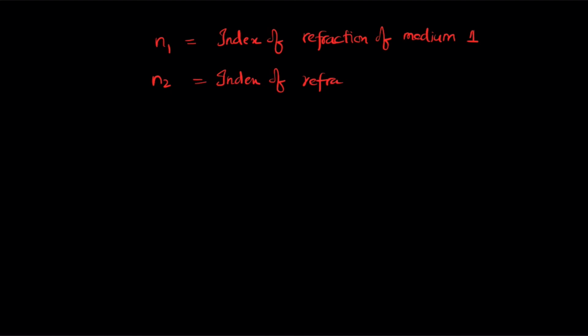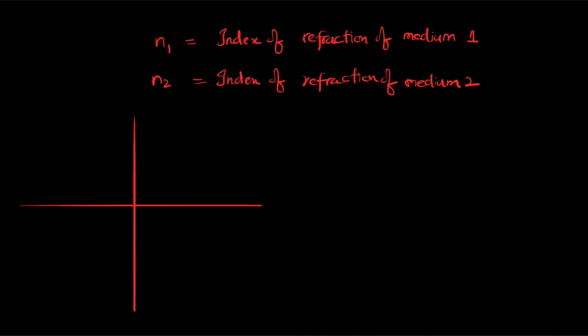N1 is the index of refraction of medium 1, and N2 is the index of refraction of medium 2. Let's consider a wave that's passing through the two media, going from medium N1 into N2.